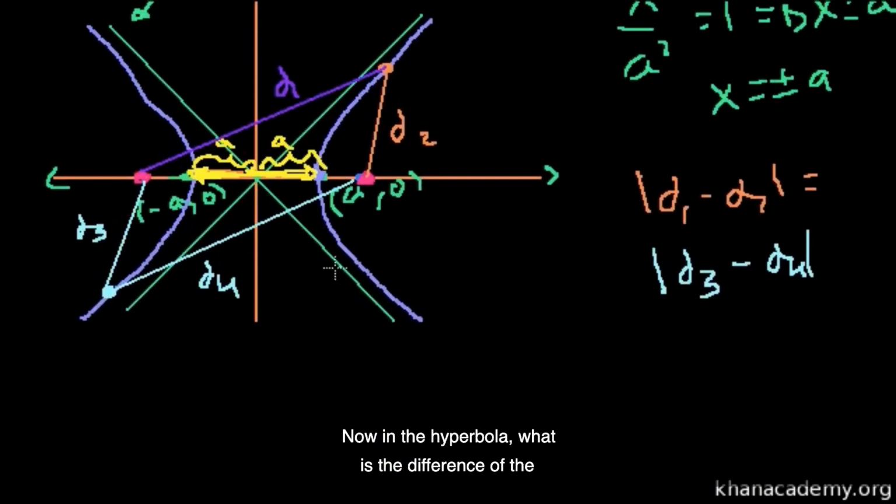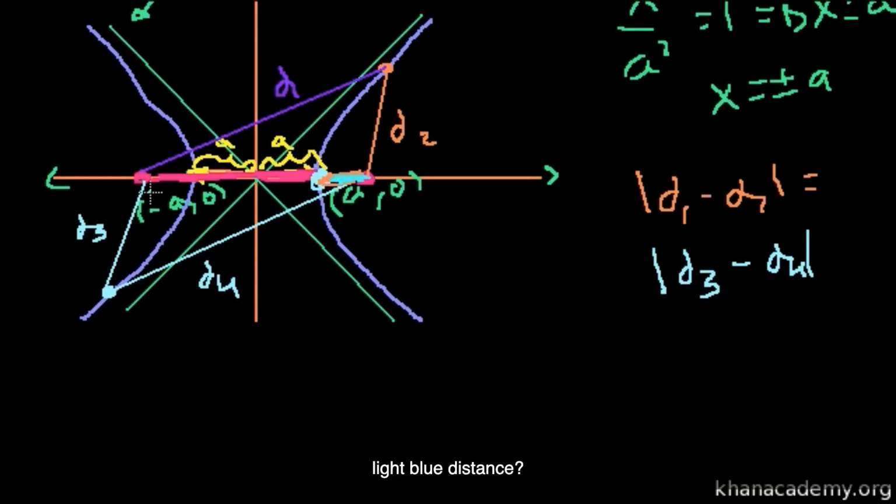Now in the hyperbola, what is the difference of the distances to the two foci? Let's take this point right here on the hyperbola. What is the magenta distance? That's the distance to that focus. Minus this, let me pick another color, light blue distance. This magenta distance minus this light blue distance.